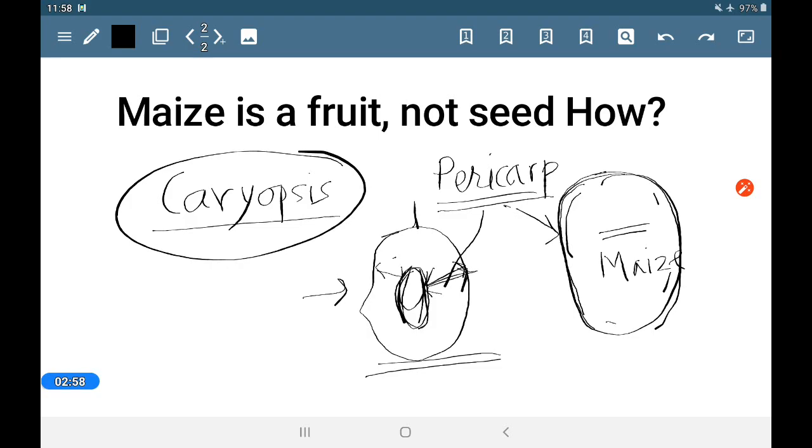When pericarp is there, then it is a fruit. The seed is inside it, so maize is a fruit, and normally we call it grain also. Rice and wheat are in the same category.